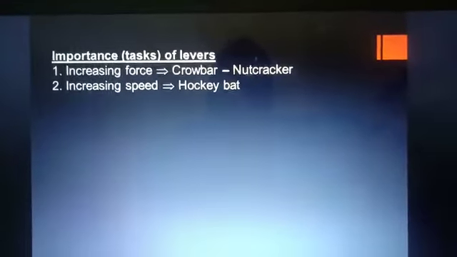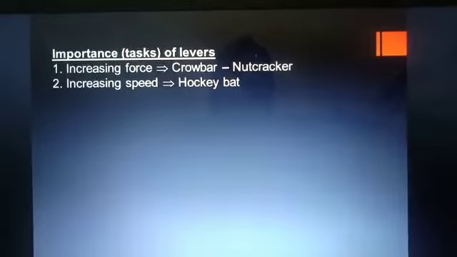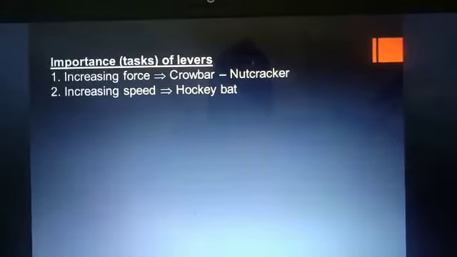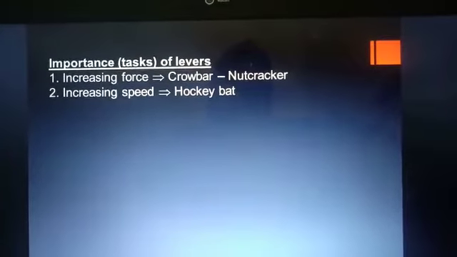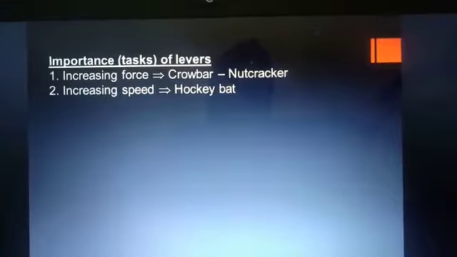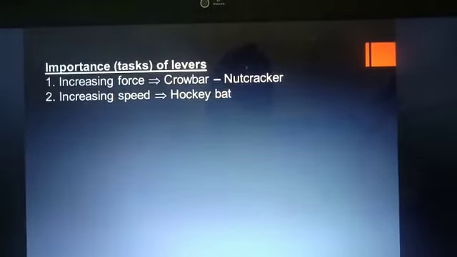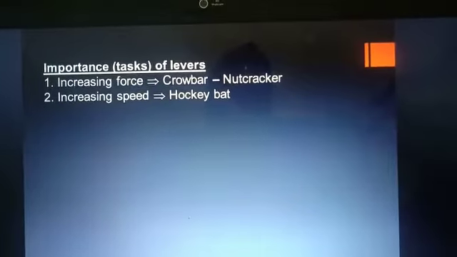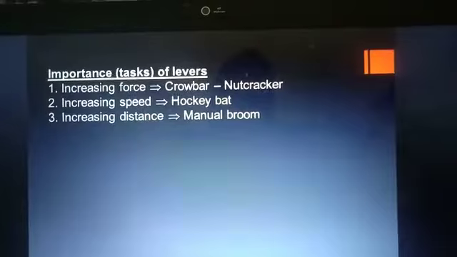Second, increasing speed. If I want to move a ball from this place to a far place, I use a hockey pad. So a hockey pad is a lever. Why? Because it helps me to move this ball to a very far place, so it increases the speed of the ball. 3.